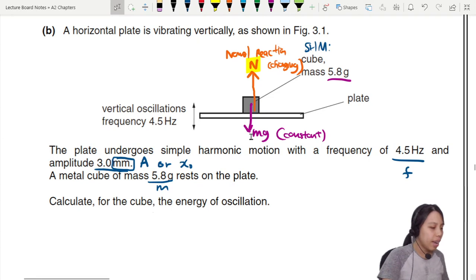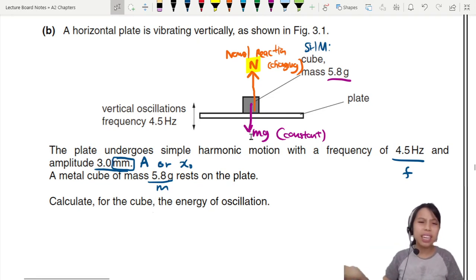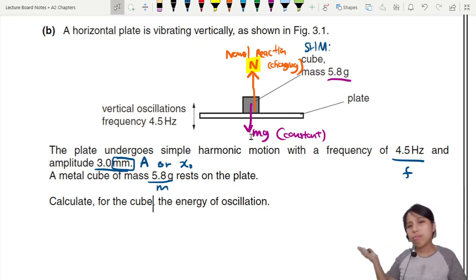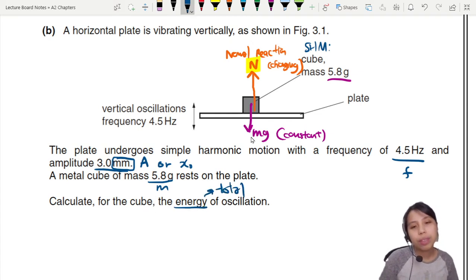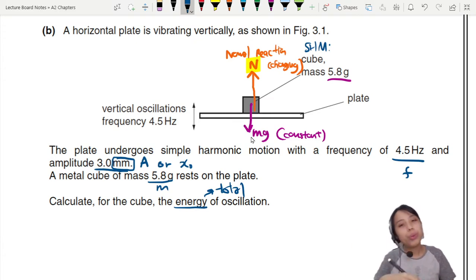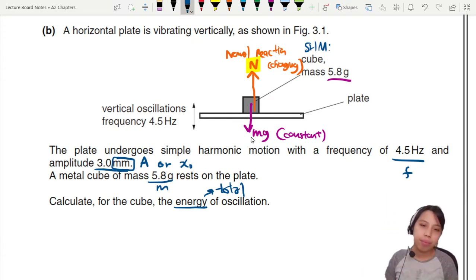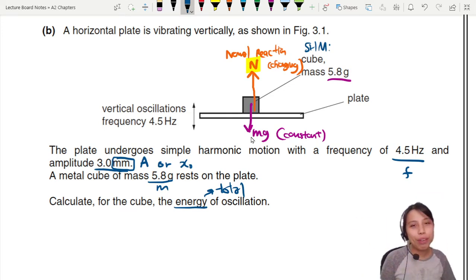So how do we find the energy of oscillation? What energy? It kind of means total energy. They didn't specify kinetic or potential, so you mean total. At some point you will have only kinetic. At some point, you will have only potential. Go check out the theory video if you haven't, where I talk about this.